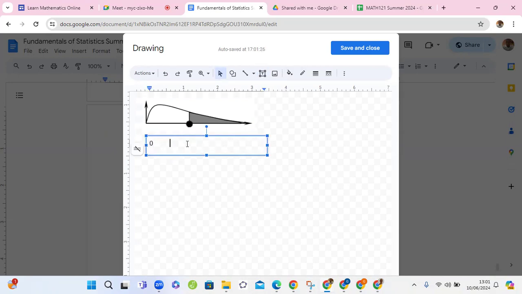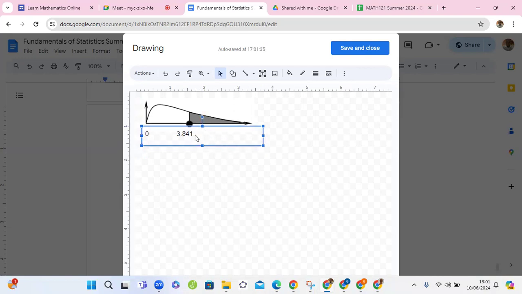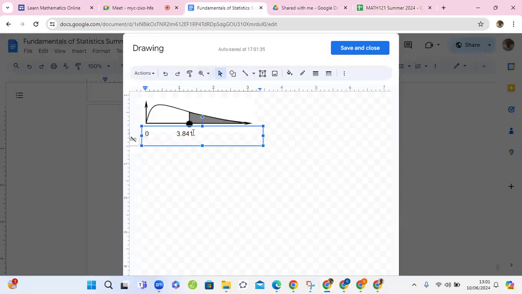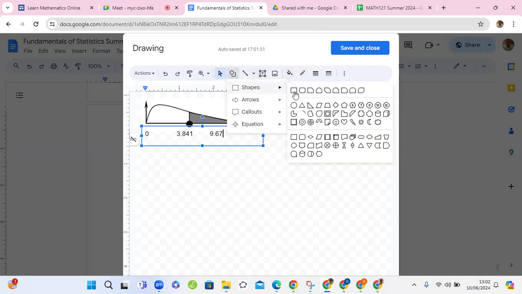Zero, 3.841. And now the test statistic is 9.67. 9.67 is greater than 3.841.